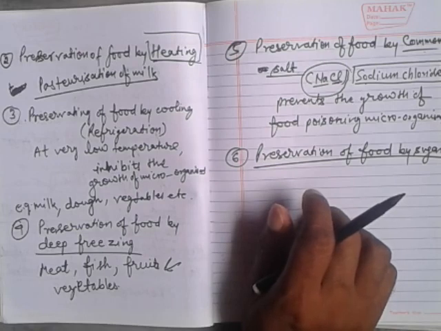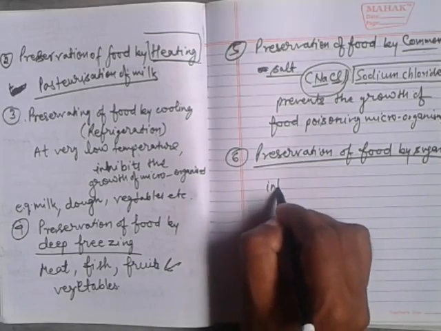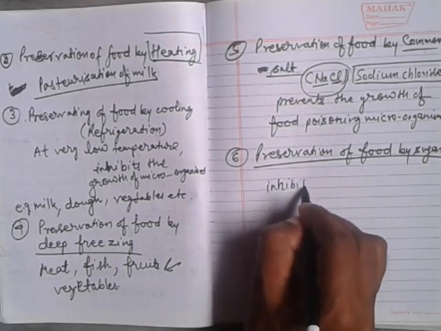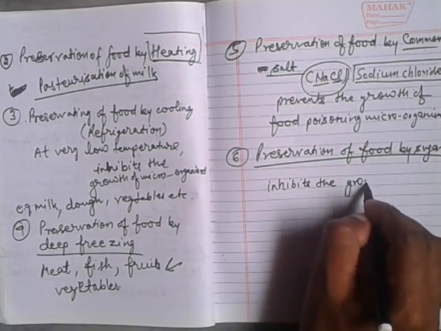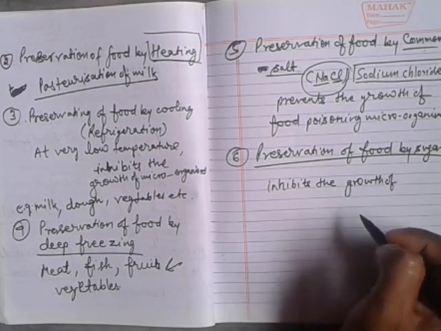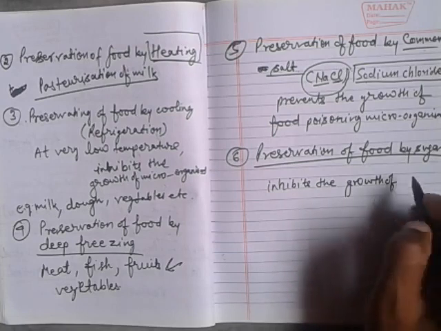If the moisture content, meaning water content, is removed from the food, it inhibits, means prevents, the growth of microorganisms like bacteria which spoil the foods.